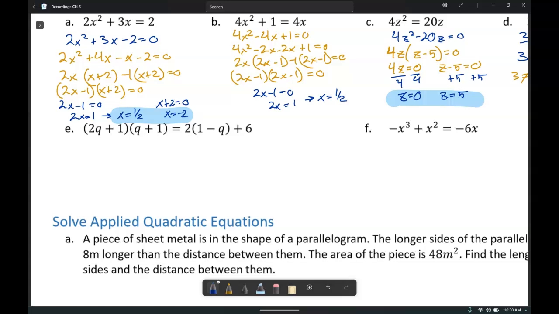E, we have to expand this out and then factor it. So using distributive property for multiplication, 2q squared plus 2q plus q plus 1. Same on the right, 2 minus 2q plus 6. Combine like terms. Group everything to one side of the equation.